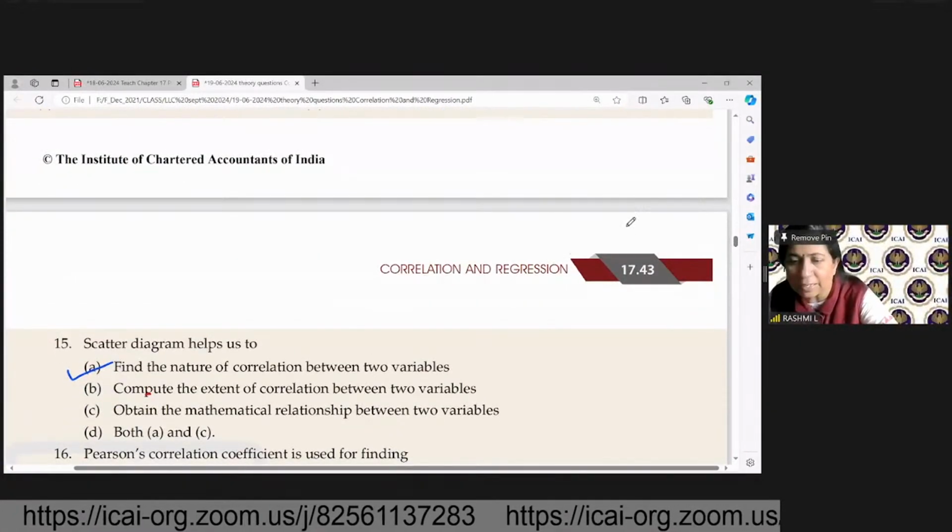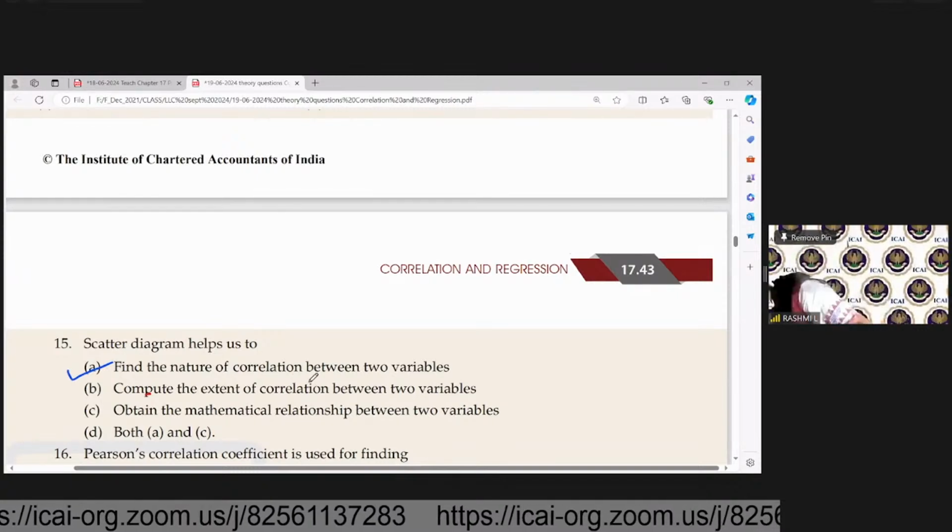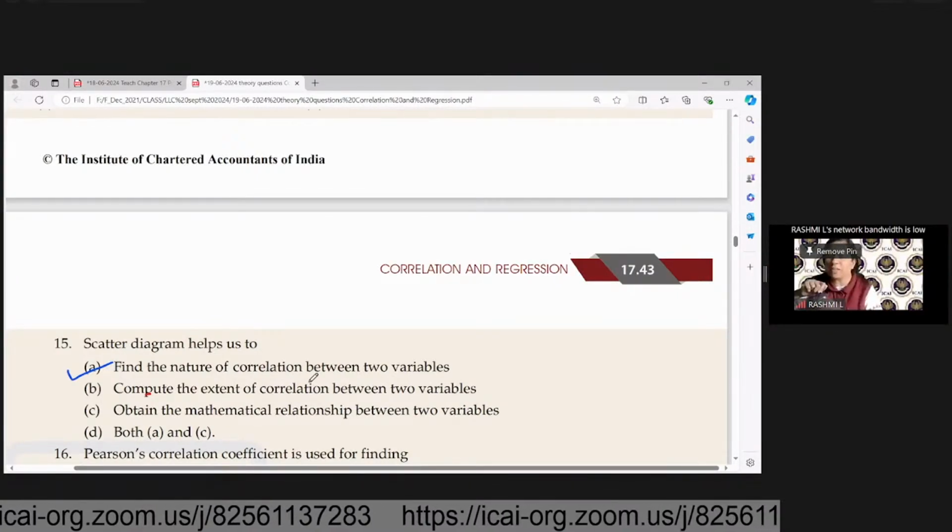Scatter diagram helps us to find the nature of the correlation. Okay, whether there is a correlation, and it gives you a fair idea about it.